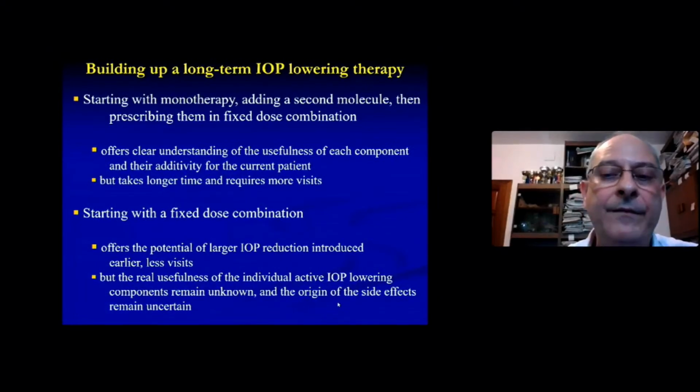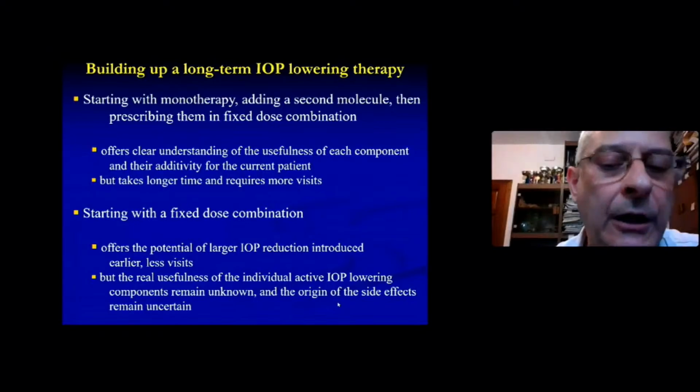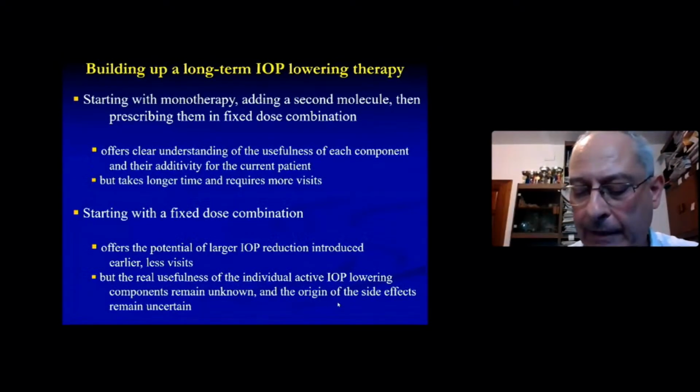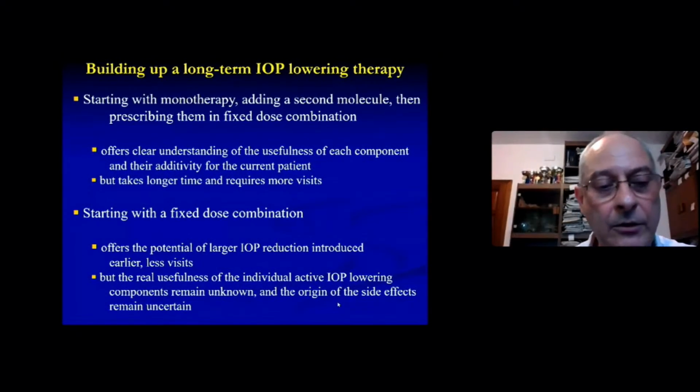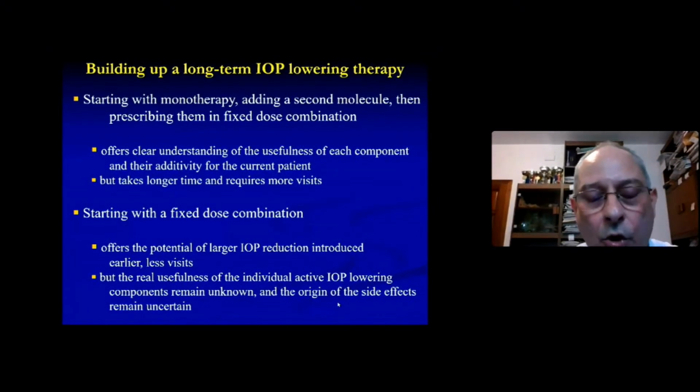However, this very clear approach takes more visits and a bit longer time until the final medication is set. In contrast to that, real-life practice may also start with a fixed dose combination, which theoretically offers a faster IOP reduction, fewer visits and an earlier compensation of glaucoma.